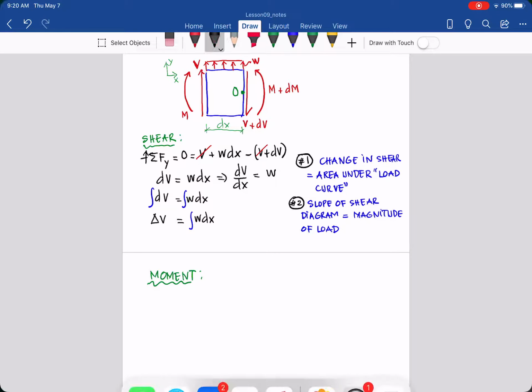So the sum of all the moments about O, assuming counterclockwise is positive.